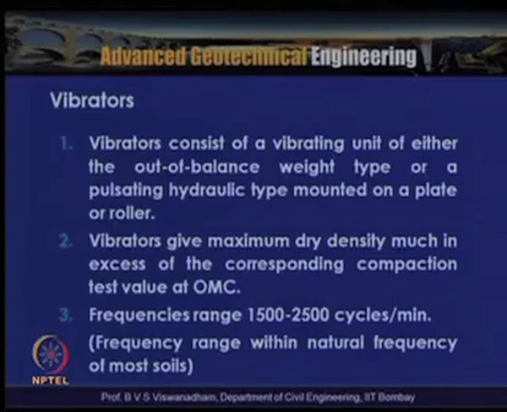Vibrators give maximum dry density much in excess of the corresponding compaction test value at OMC, and frequencies of these rollers range from 1500 to 2500 cycles per minute. The frequencies have to be in the range of the natural frequency of most soils.